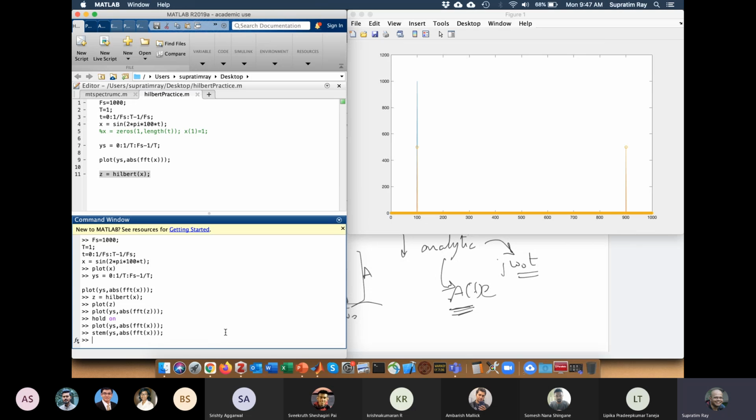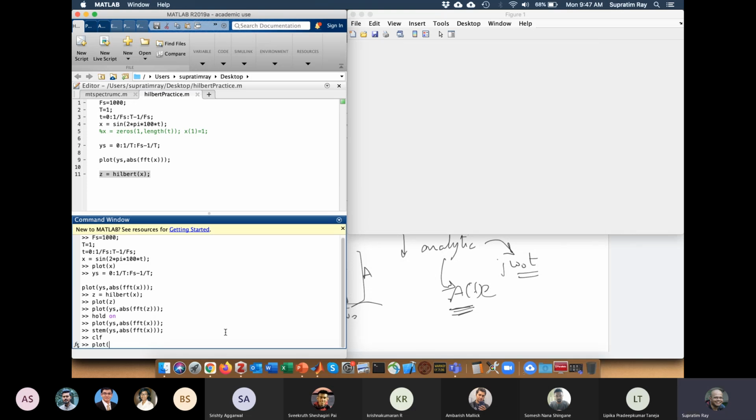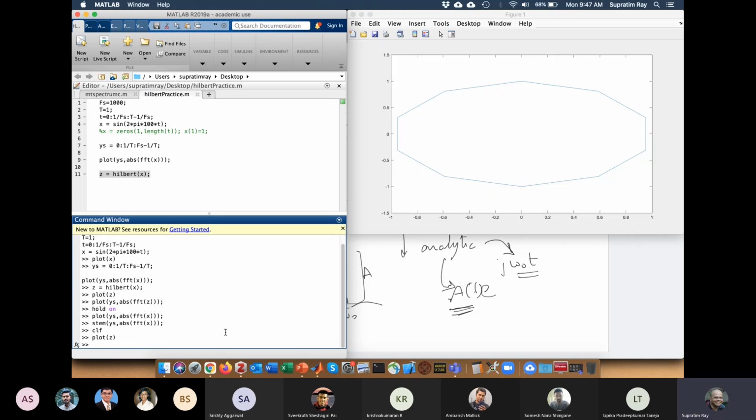But now, because of this, my Z is now a complex number. So if I try to plot Z, this is complex, so it looks like nothing.